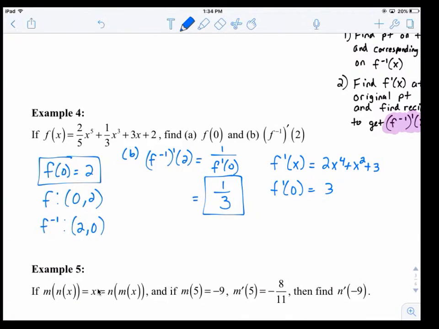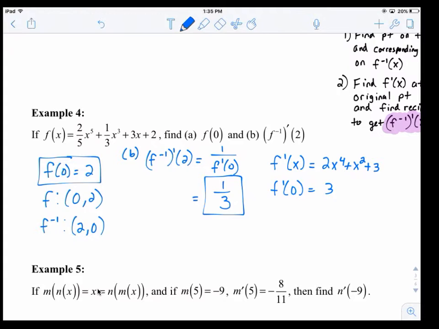All right, so you have f of 0. You just plug in 0 into the original, and it comes out to be 2. So the original function has a point at 0, 2. So its inverse's corresponding point is just the opposite, 2, 0. Since it's the inverse, we want the reciprocal slope at its corresponding point.